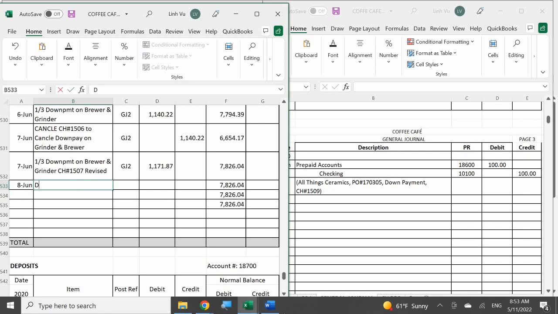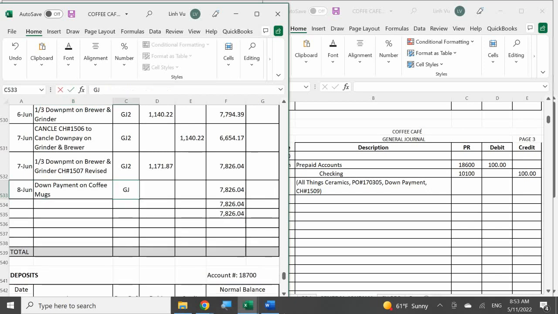So we're going to go ahead and say down payment on coffee mugs, general journal page 3, because we're on the new one, for $100. Therefore, you should have increased your account to $7,928.04.